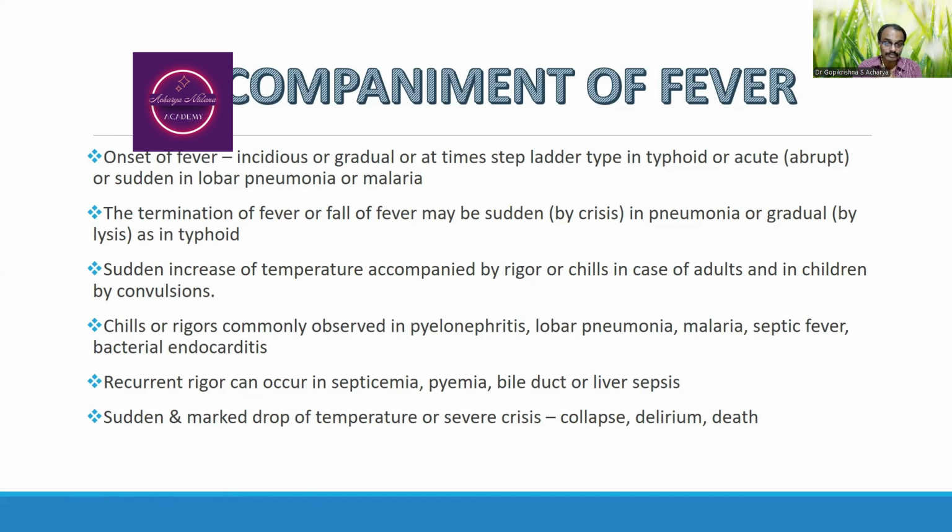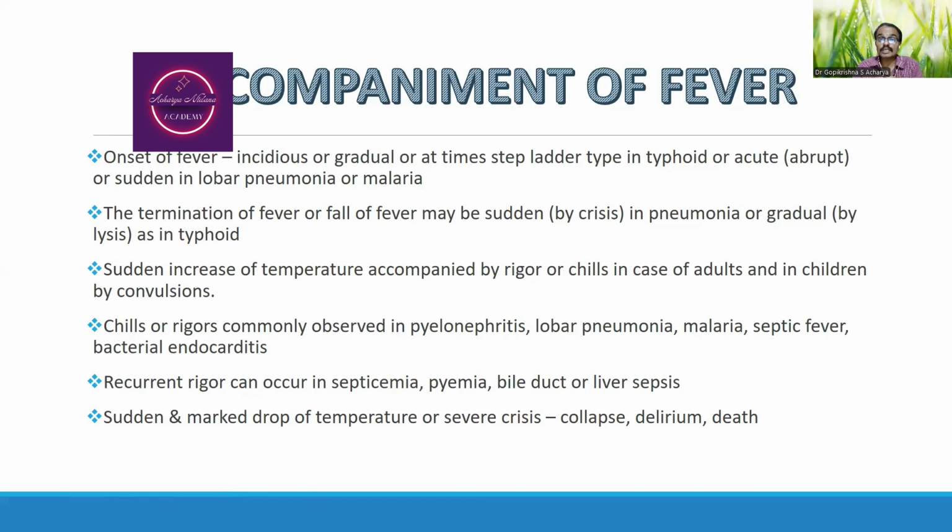This may be associated with chills or rigors. In chills or rigors, the person will have shivering, which is considered to be due to muscular contraction, which is responsible for increased heat production in the muscles, thereby the person has a raised body temperature.